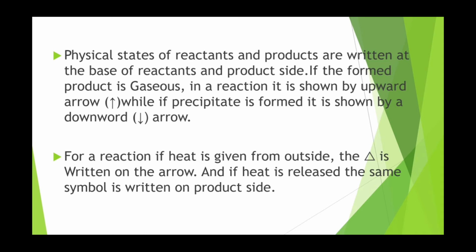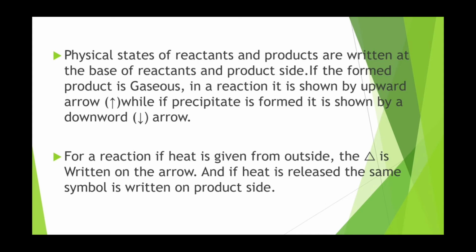Okay. Now, the next point is regarding heat absorption or release of heat. Any chemical reaction, any chemical change, either absorbs heat energy or heat energy is released. Whatever is the case, we have to mention the heat. If heat is absorbed, we mention that triangle symbol, which you can see here.